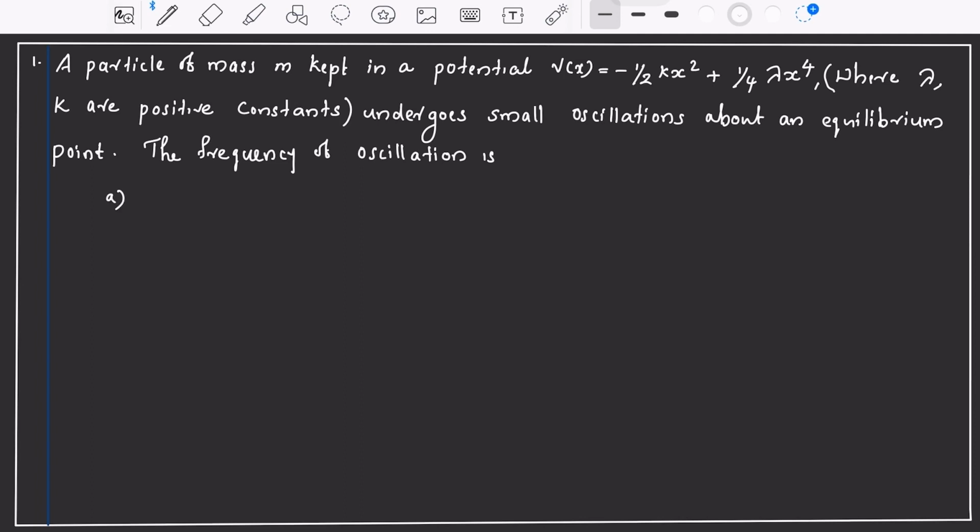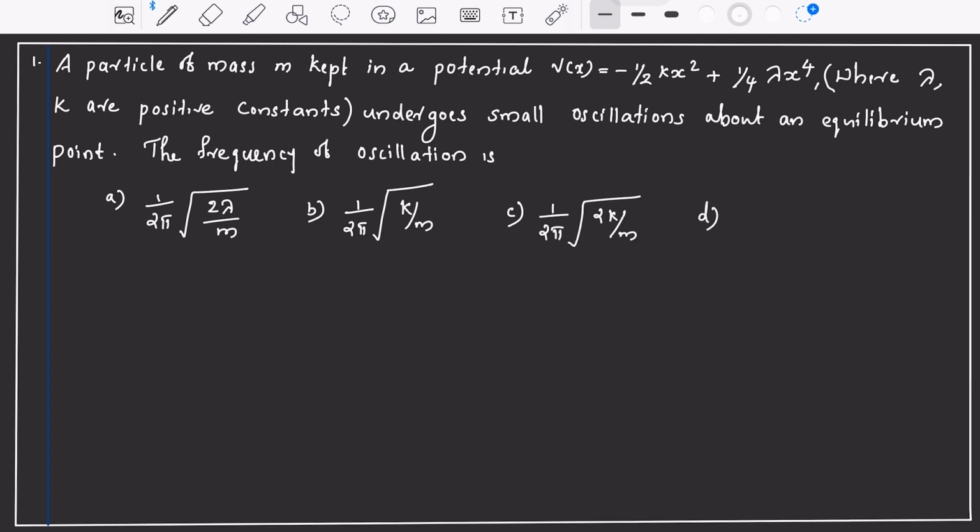Option A, 1 by 2 pi root 2 lambda by m. Option B, 1 by 2 pi root k by m. Option C, 1 by 2 pi root 2k by m. And option D, 1 by 2 pi root lambda by m.